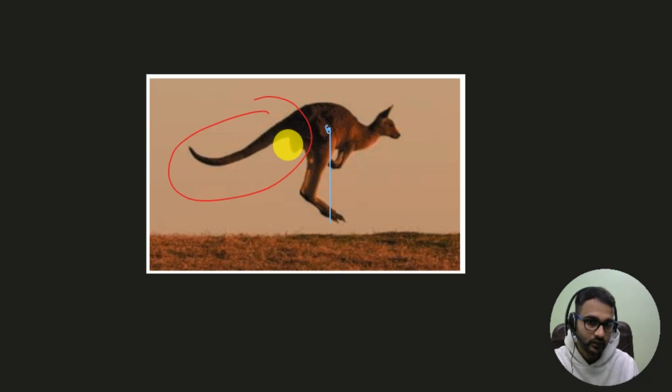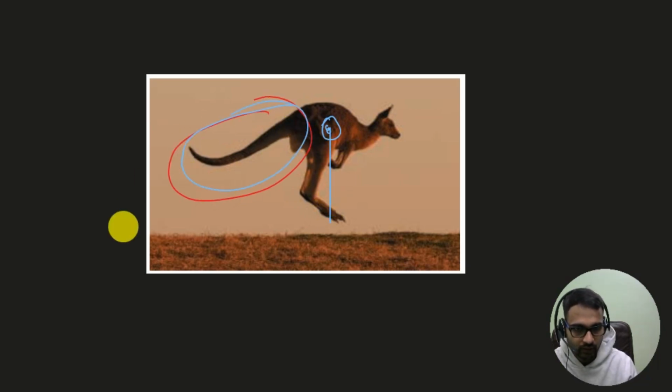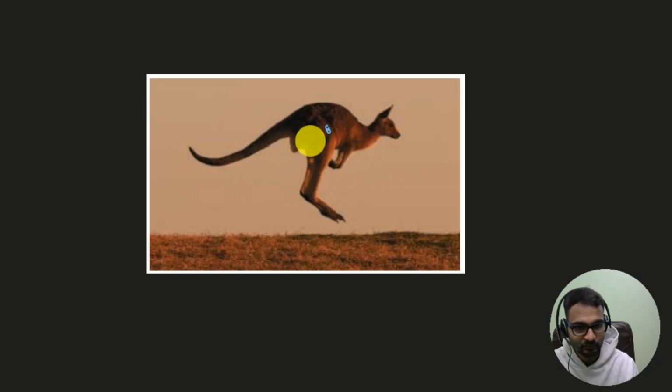And when it is in motion, the center of mass would also be at this position. Because of this, the long tail helps the kangaroo keep the center of mass above the base of support. This we can also understand from the body of the kangaroo. Now this is all with this topic.